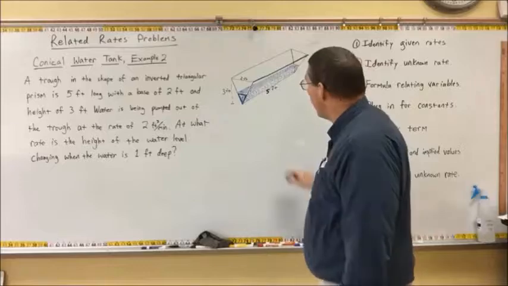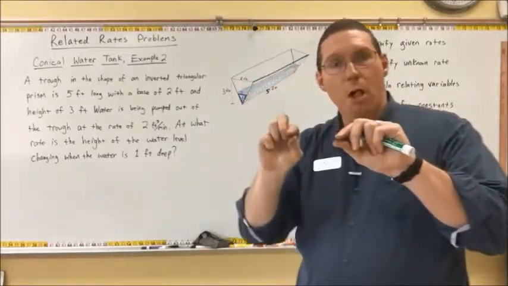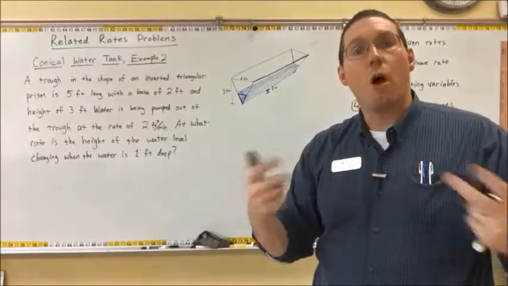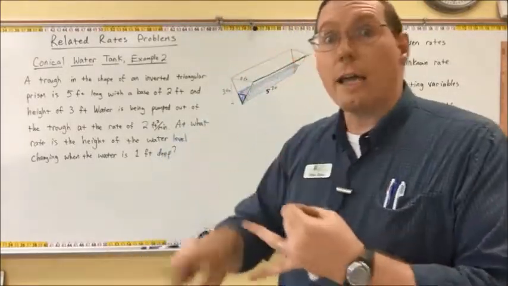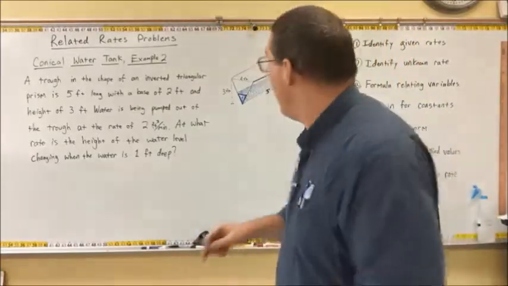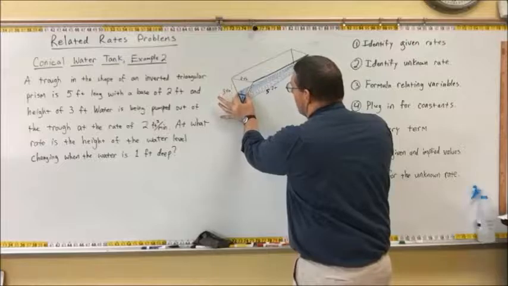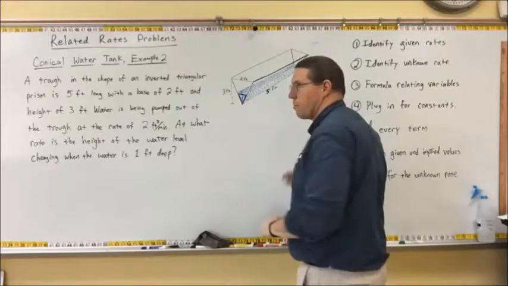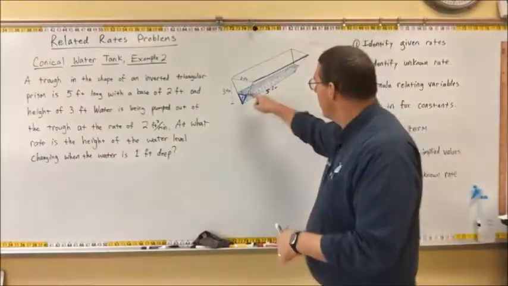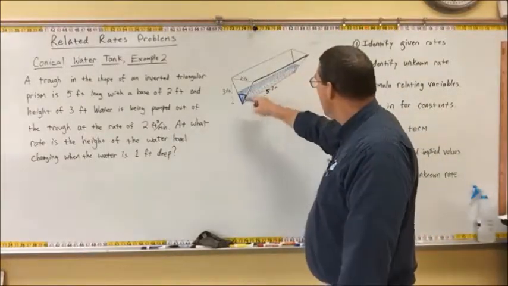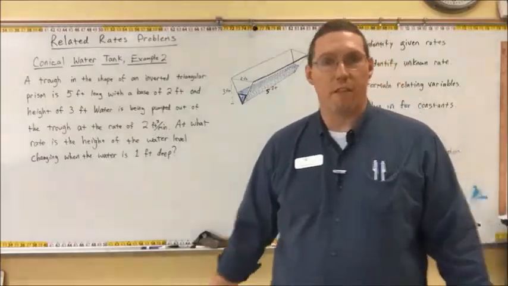And so this triangular prism is getting smaller and smaller. So the volume of the water is changing, the height of the shape is changing, and because it's a triangle, as it gets smaller, the base of the triangle is getting smaller. The only thing that's not changing about this triangular prism of water is that it remains 5 feet long. So it's always 5 feet long.